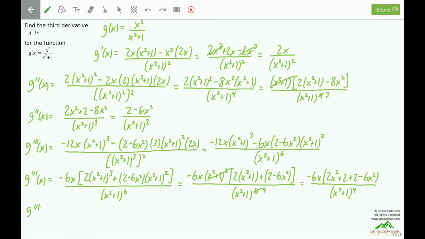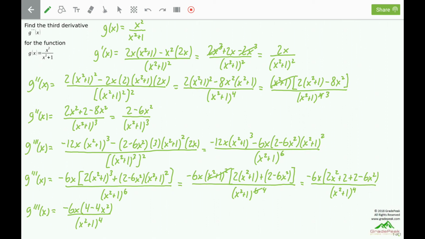So g triple prime of x will be a negative 6x times, combining like terms, I will do the constants first since they are the positive. I will have a 2 plus 2, which is a 4. And I have a 2x squared minus a 6x squared, which is a negative 4x squared. All of this divided by x squared plus 1 to the 4th.